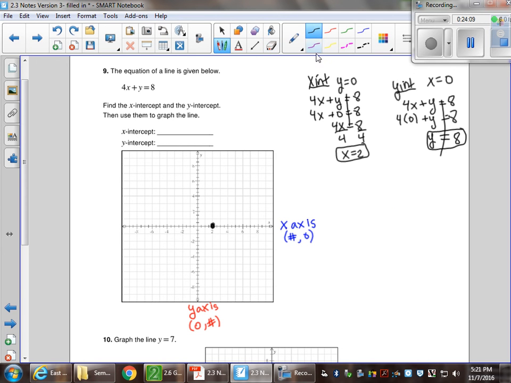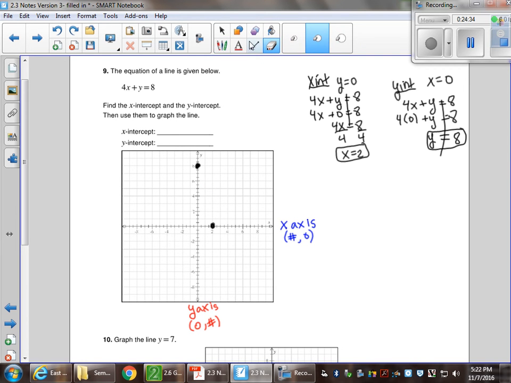So I now know my other intercept. I'm going to go to my y-axis, 2, 4, 6, 8. Now, on your assignment, if you get an odd number, check this out. 4, 5 is right in the middle. If you plot it on one of these by mistake, it's going to be wrong.